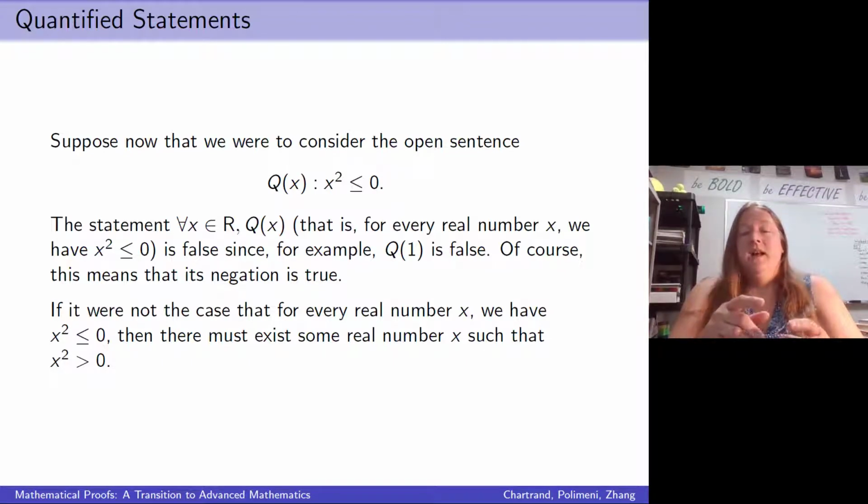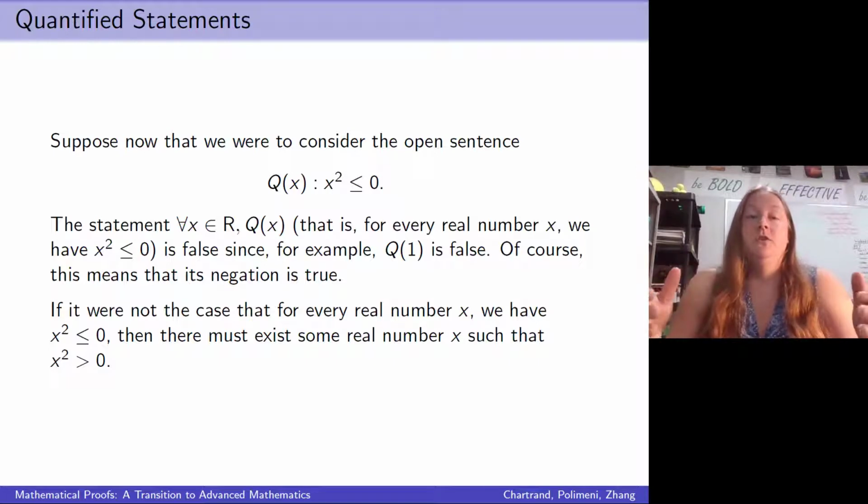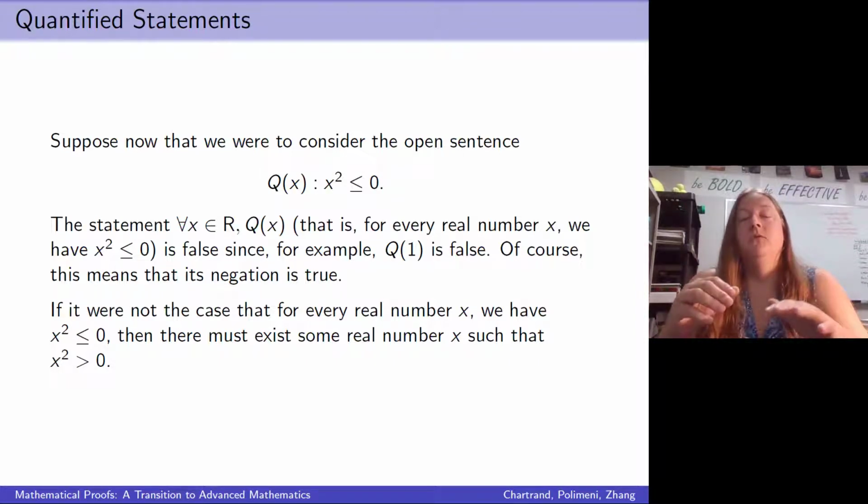Notice that that makes this statement false, which means the negation is true. So the negation of the universal quantifier is saying, not for every real number x do we have x squared less than or equal to 0. Now remember, to show that it's false, we just need one example that it's not true for.